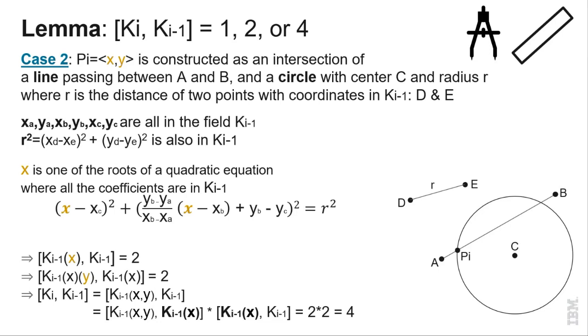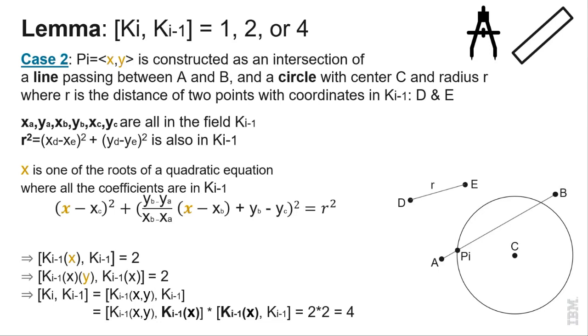So this is 4, but actually it's also possible that we get 1 or 2 in this case, because it could happen that when you want to find x, the solution to this equation is a value x which is already in K_{i-1}. You already have it in some of the points that you created earlier. So when that happens, when you add the x coordinate to K_{i-1}, again you get the same field, and the degree will be 1.